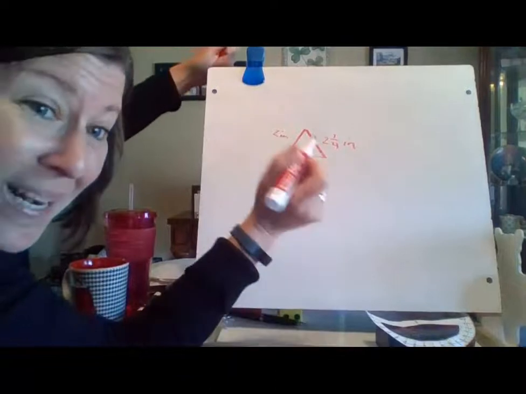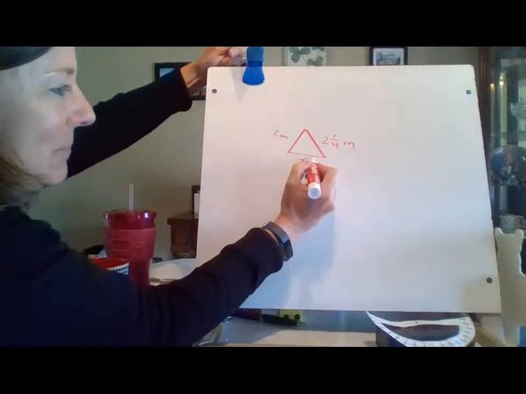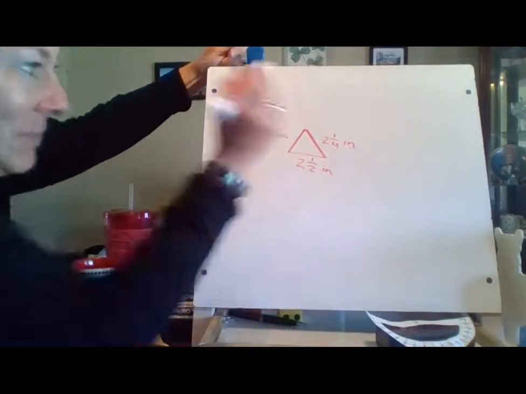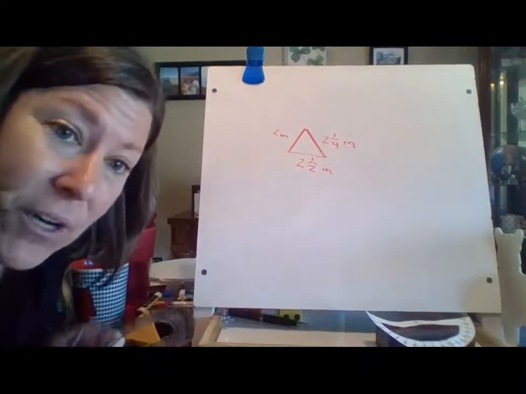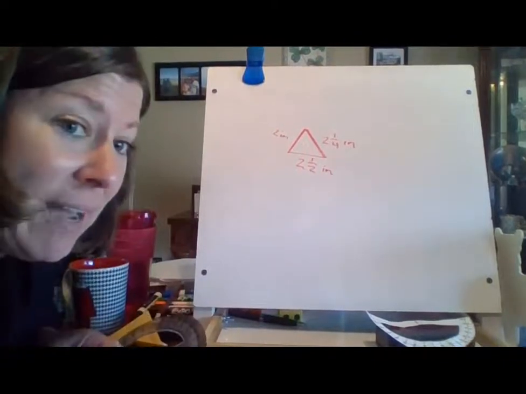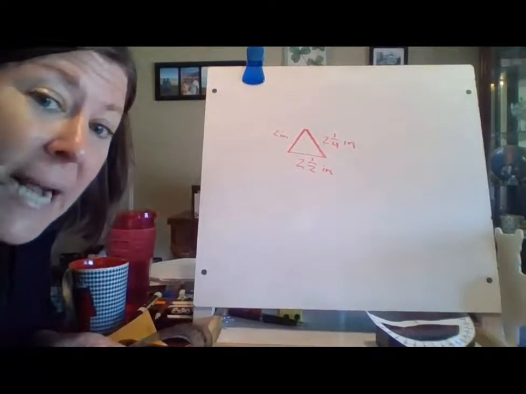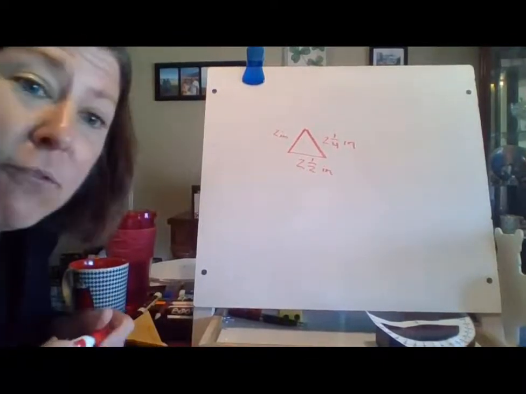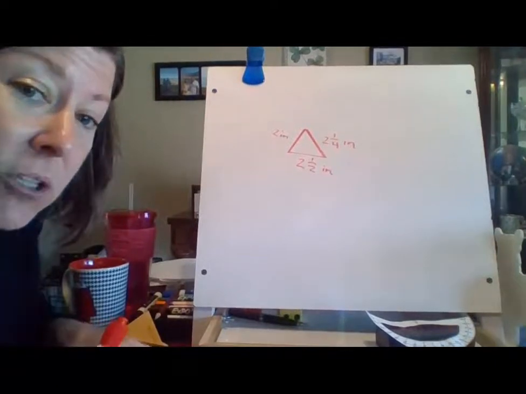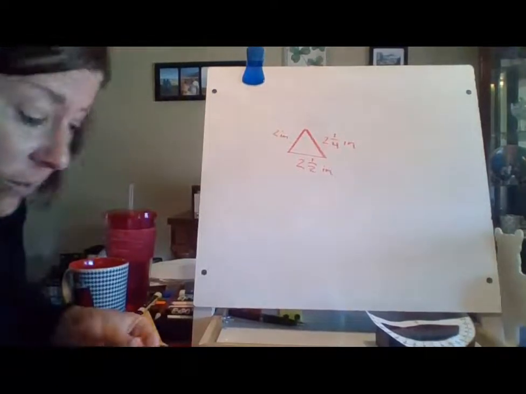And this one here is 2 1/2. Okay. So they're very close together. Because I have 3 different lengths, my angles are all going to be different, even though they might look similar. So I'm just going to check the measurement of the angles.